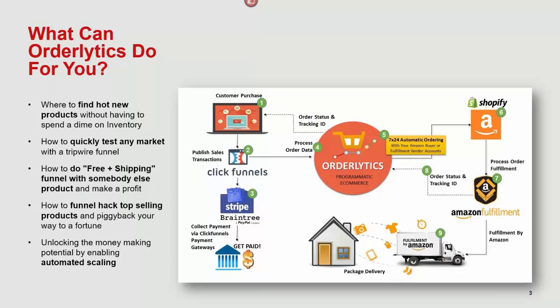There is another aspect of Orderlytics. The Order portion of the name is the Amazon ordering and Shopify. The Lytics piece is our Google Analytics e-commerce reporting application, which does e-commerce revenue reporting for ClickFunnels sales into Google Analytics.